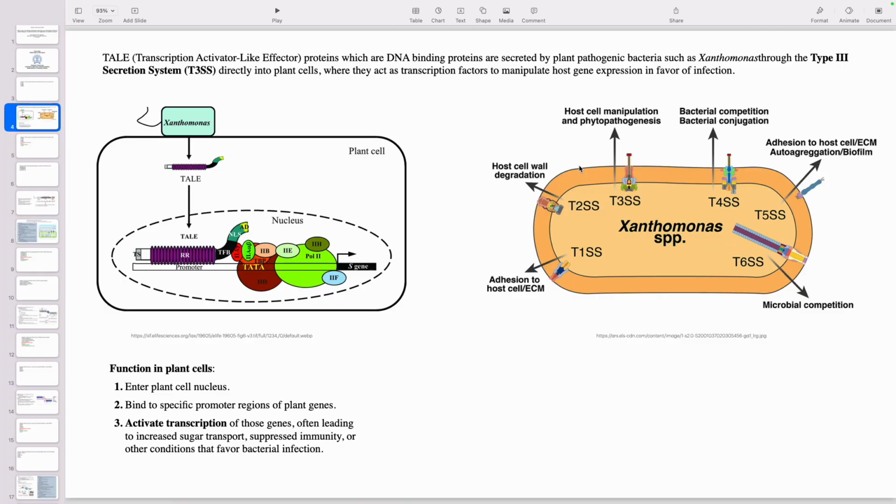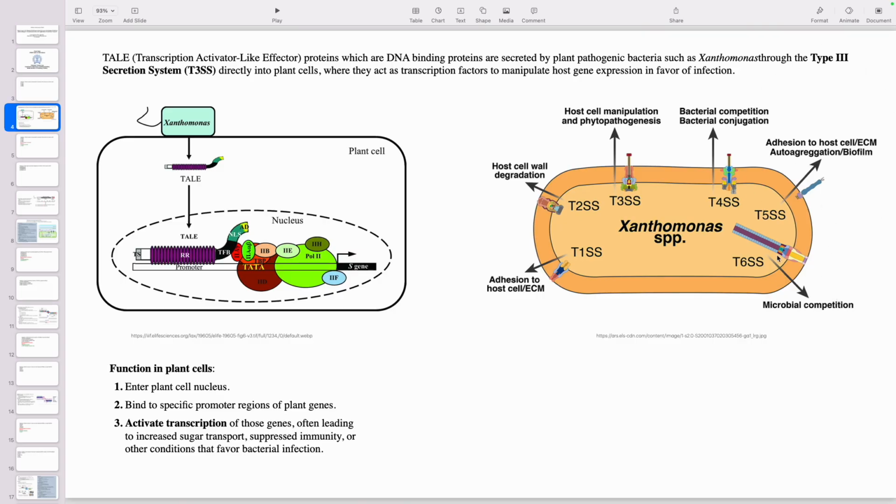These conditions favor the bacterial infection. T4 secretion system helps in bacterial competition and bacterial conjugation. T5 secretion system mediates the adhesion to the host cell or autoaggregation or biofilm formation.